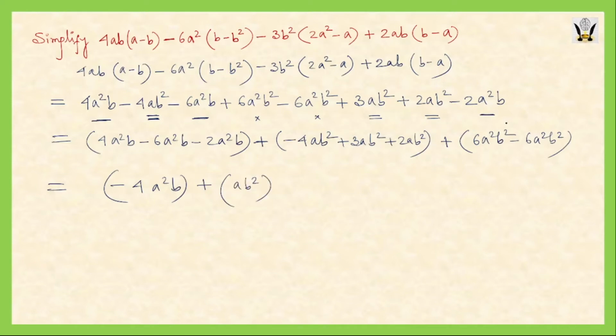And 6a square b square and minus 6a square b square are the same with opposite signs, so that's why I said we could have cancelled in that line itself. As we practice more and become more confident, we can do it that way, that will save time. So it becomes 0, that will not contribute anything. So the final simplified answer will be minus 4a square b plus ab square.